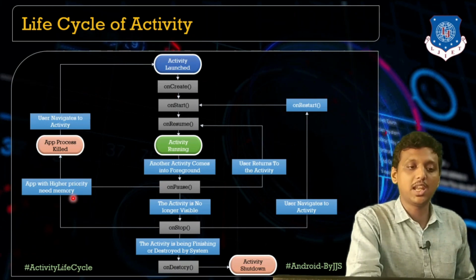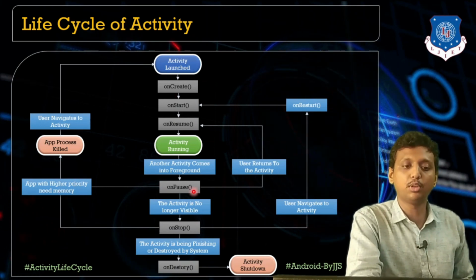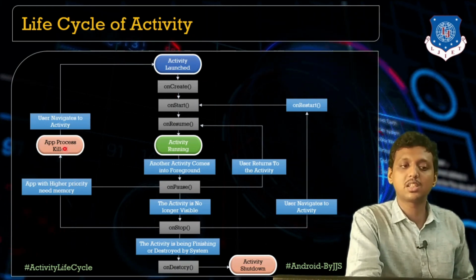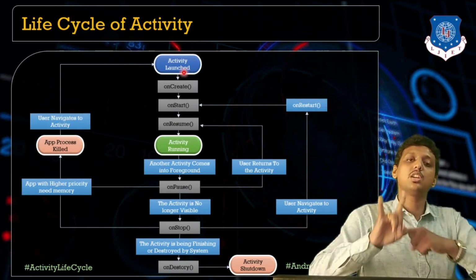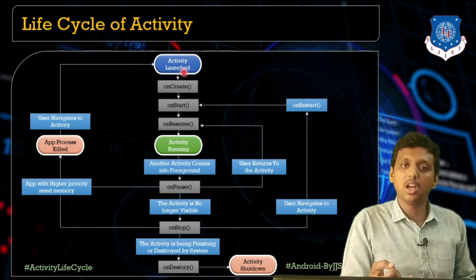So your activity gets killed from the pause directly, the activity process is killed, and the user navigates to the activity launched again. After that you just need to launch your activity again.